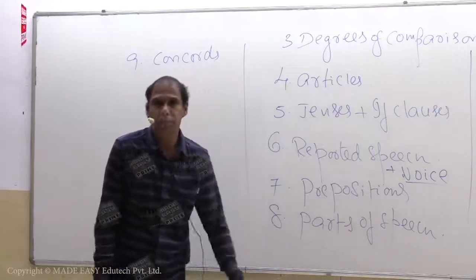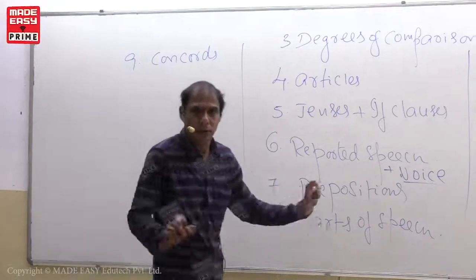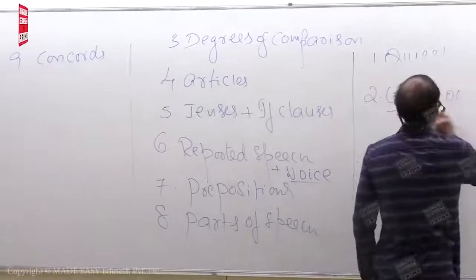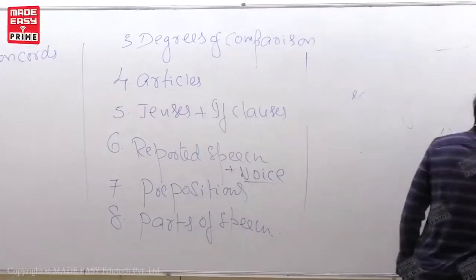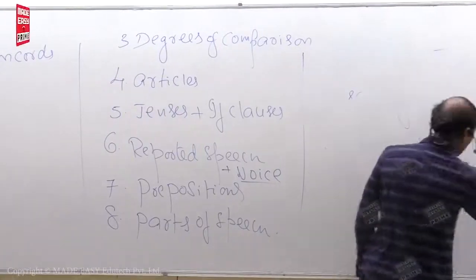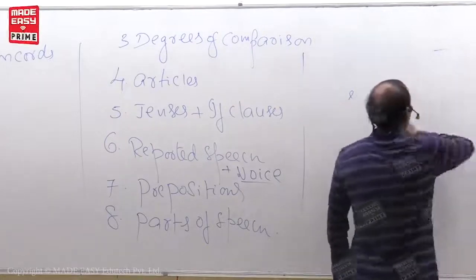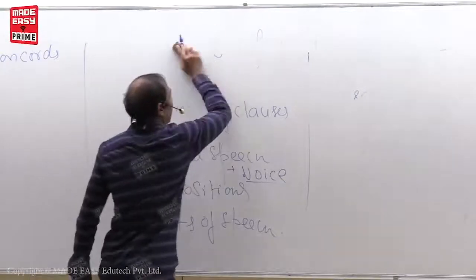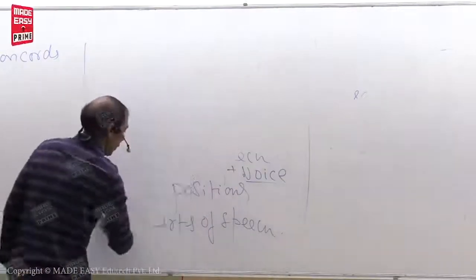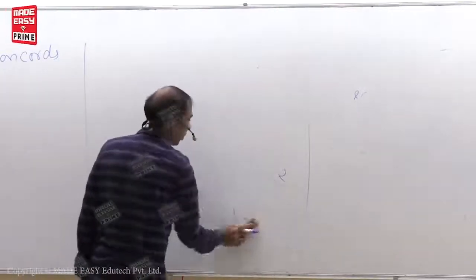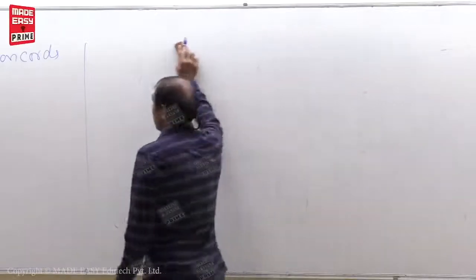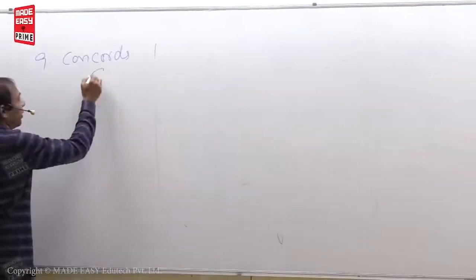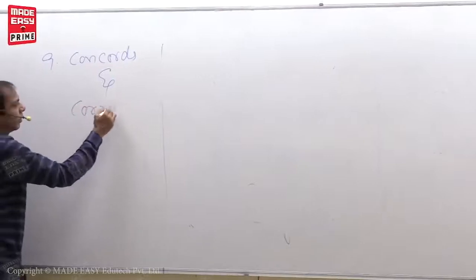No doubt. Right? So my students, these are the 10 topics we have to consider. The ninth topic I told you: concords and corrections.